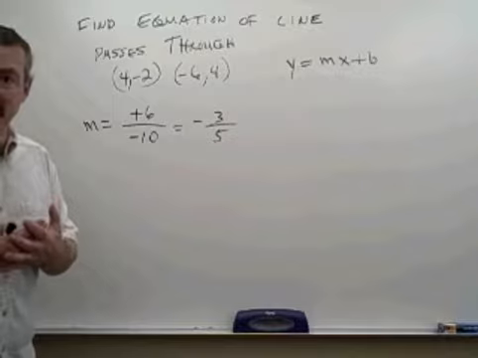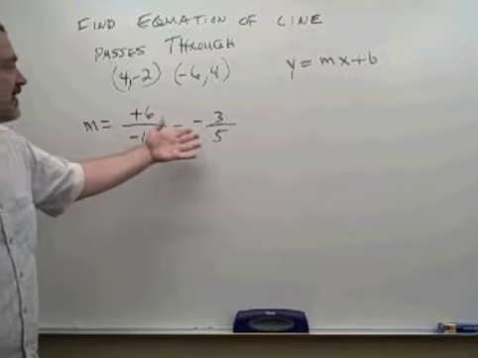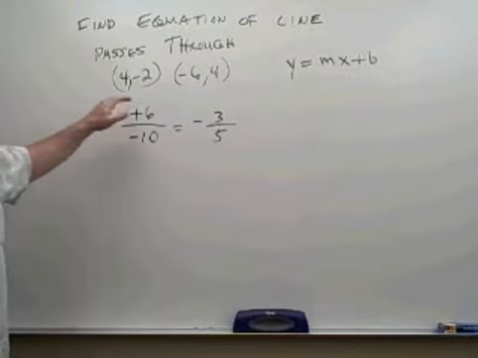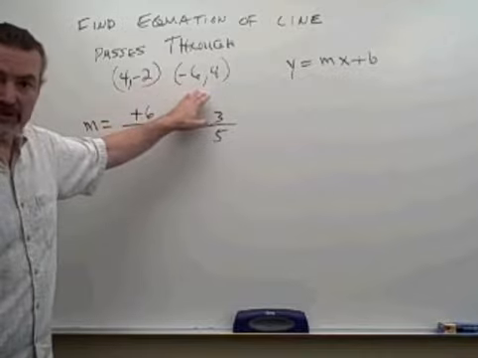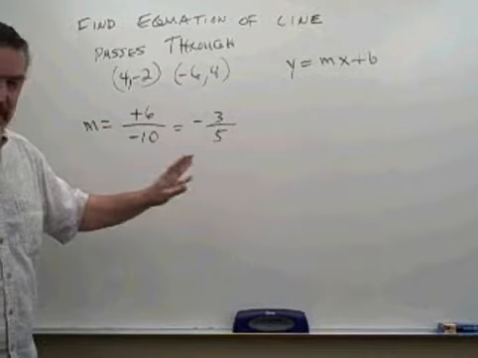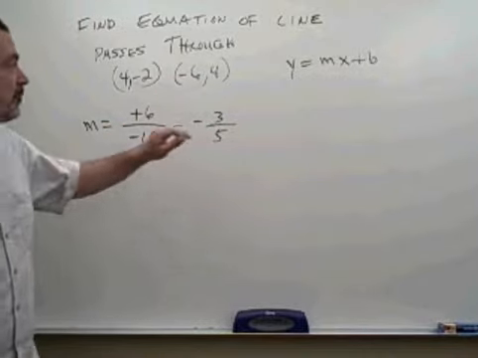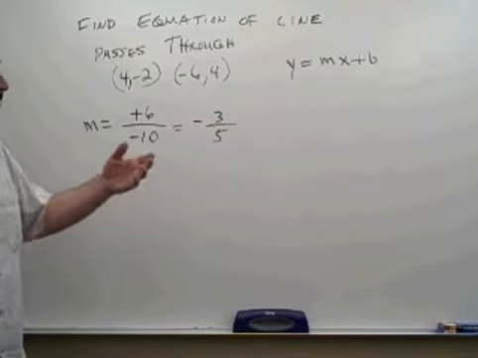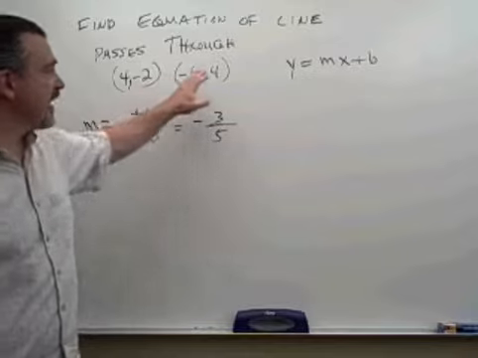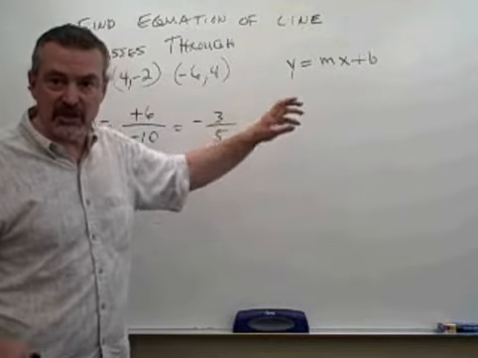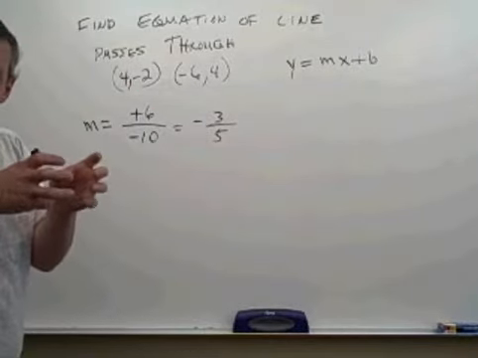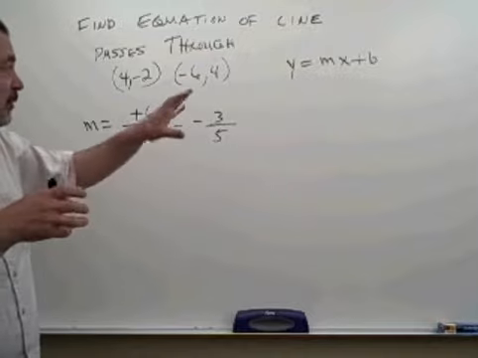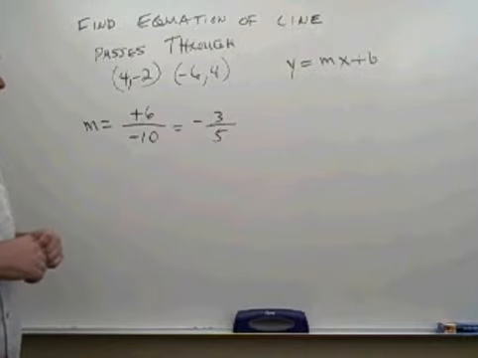And now our technique has been to take that slope value along with one of the points that we've been given that the line contains, and put them into the equation to find b, because these points have to solve the equation. So whatever b is, it must be a value that would make these points solutions.